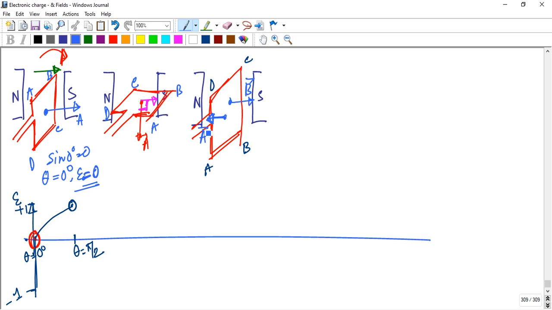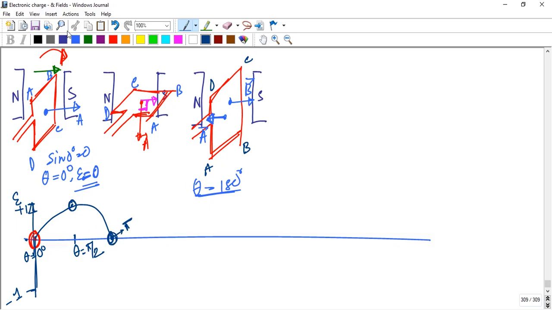Now the angle is 180 degree. Sine 180 is 0. So again the EMF falls to 0 here, at pi there is no EMF.